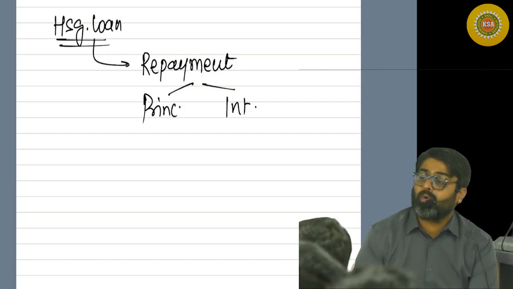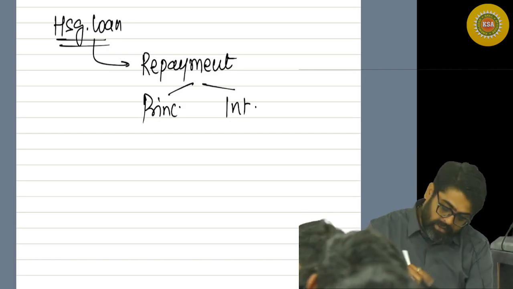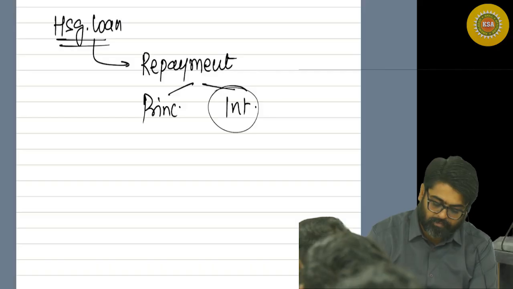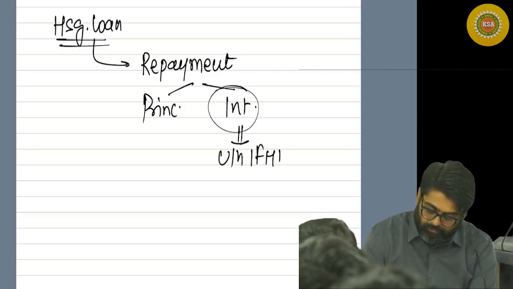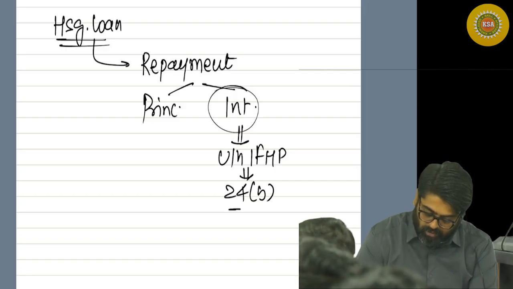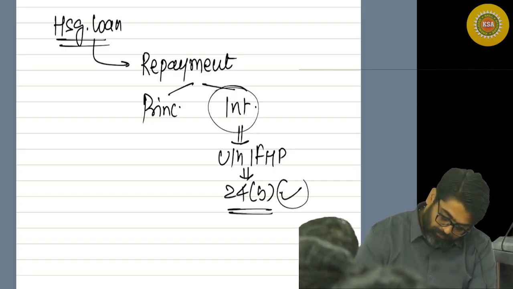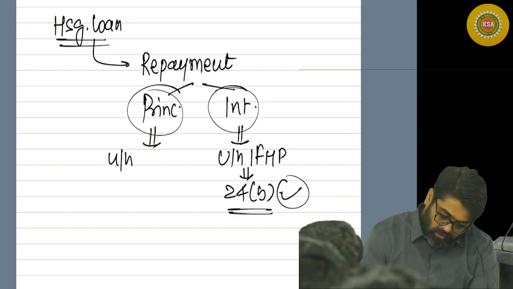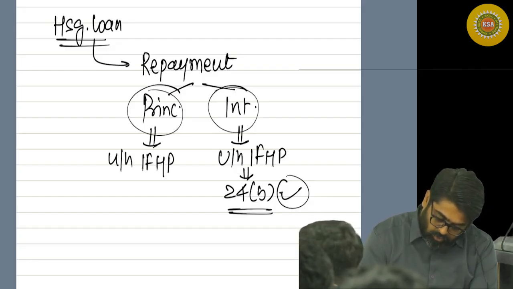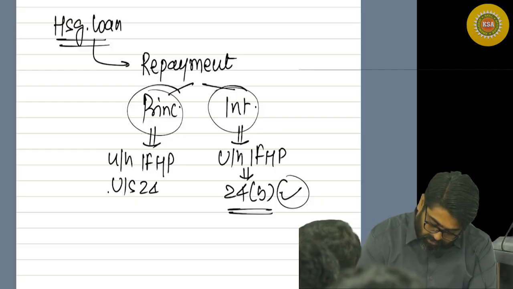So what is allowed under section 24 clause B? Entire repayment or only the interest component? Only the interest component under the head income from house property will be allowed under 24 clause B. Yes or no? What about this principal? Can you claim this principal under the head income from house property under section 24 clause B?